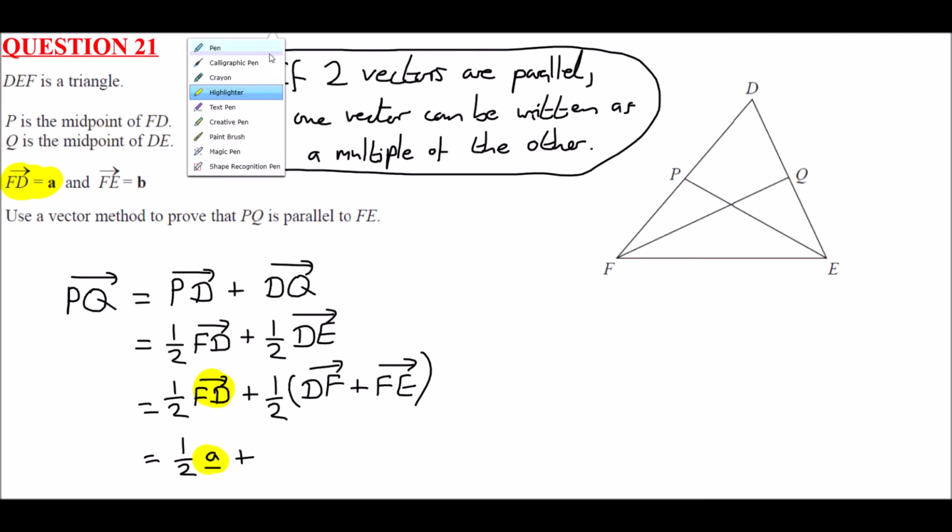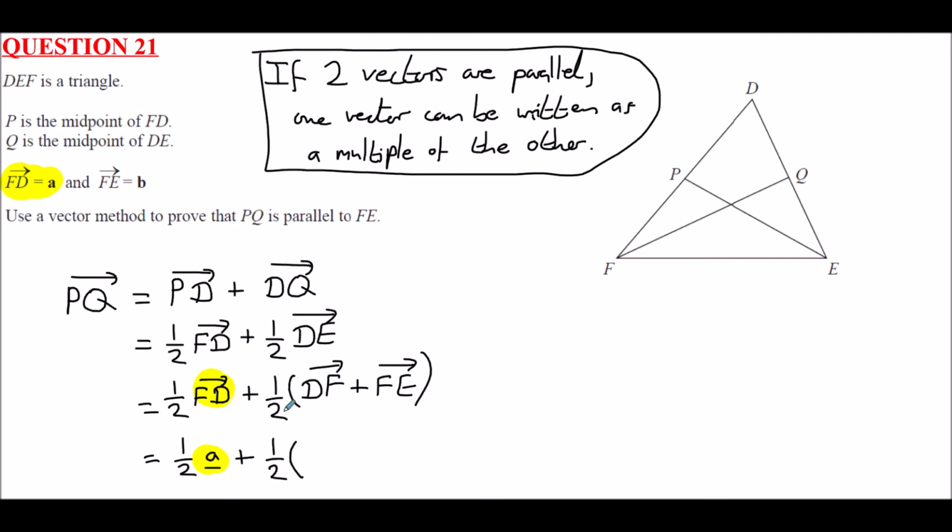Plus half of D to F. F to D is A. D to F is the same length, just going in the opposite direction, so that's going to be minus A, because it's going in the opposite way. They're going upwards from F to D, going along the same path, but downwards from D to F. Then from F to E, that's just simply vector B. So it's half of minus A plus B.